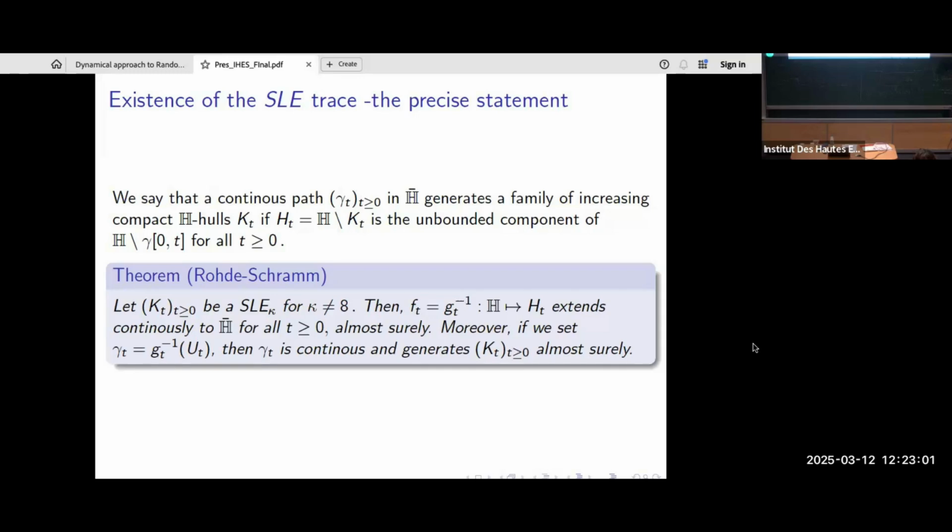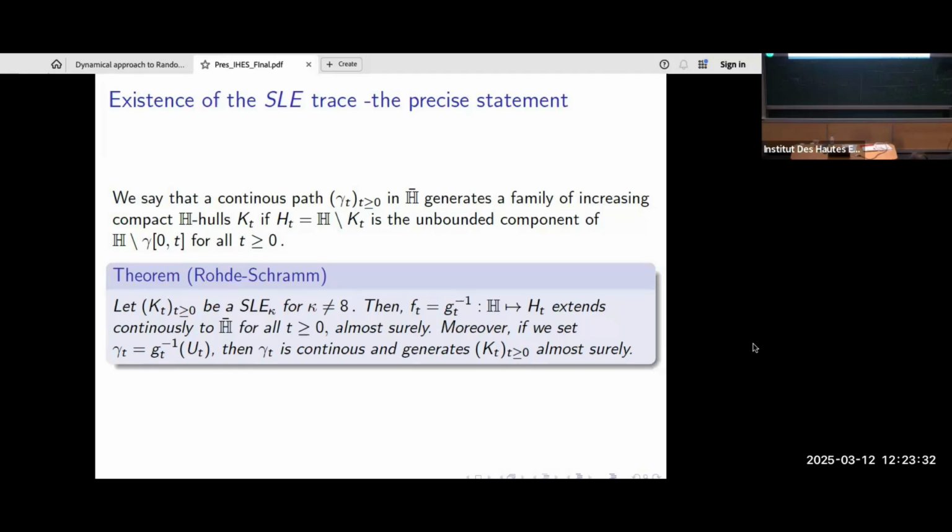And coming back to this result that I said, it is very hard to show this type of limit, the existence and continuity in time of this limit. Rode and Schramm said that for kappa different from 8, these f_t, that are these g_t inverses in space that I want to take the limits of, extend continuously to the closed upper half plane for all t, and moreover, they generate this type of hull.